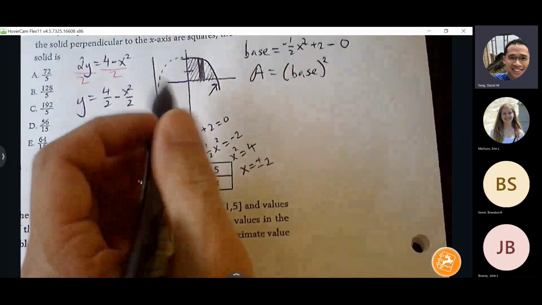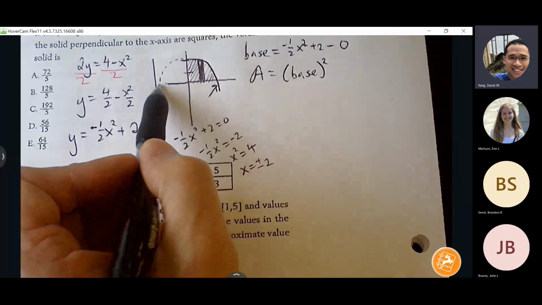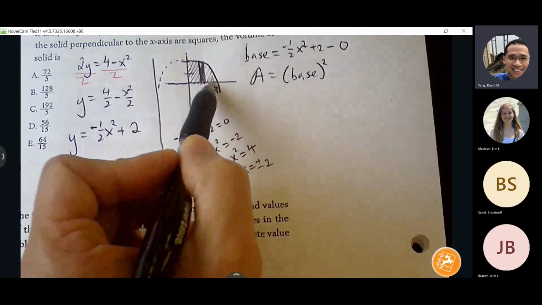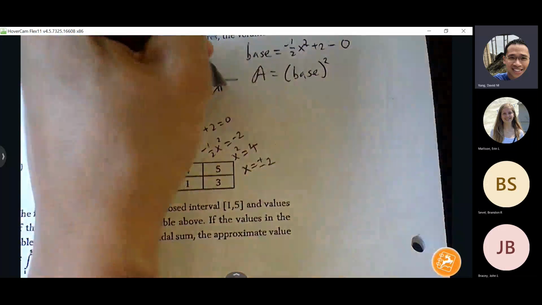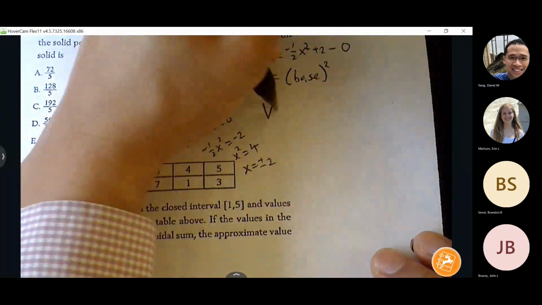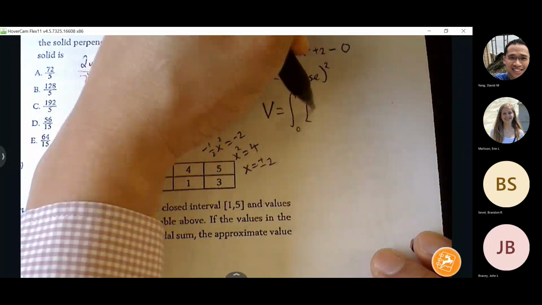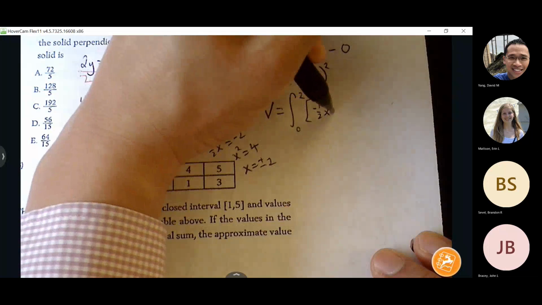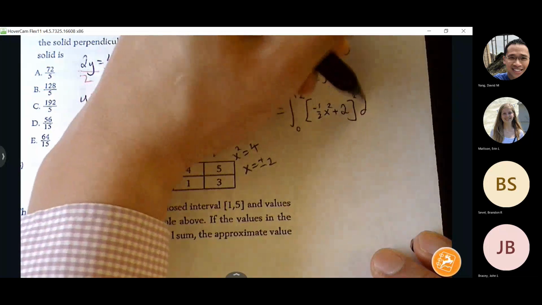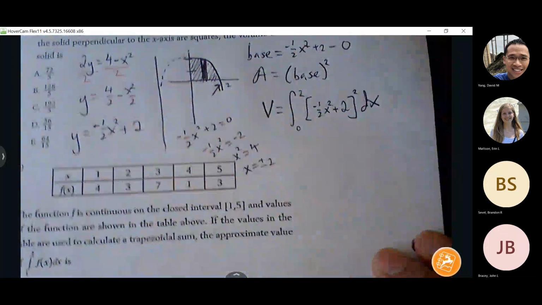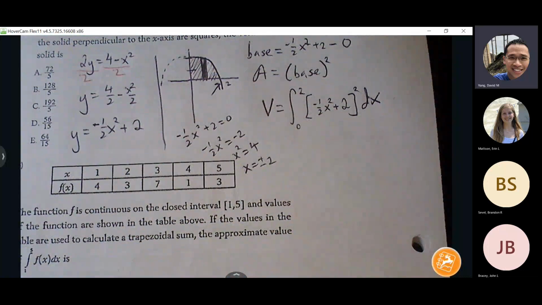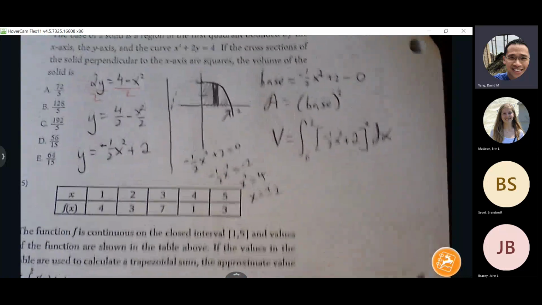So I know -2 is not going to make sense because that's over here in the second quadrant. We're only going to go from 0 to 2 because we're only dealing with the first quadrant. I think the rest we can enter into our calculator.